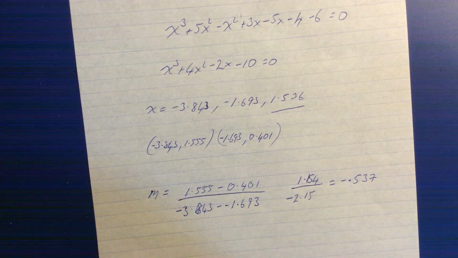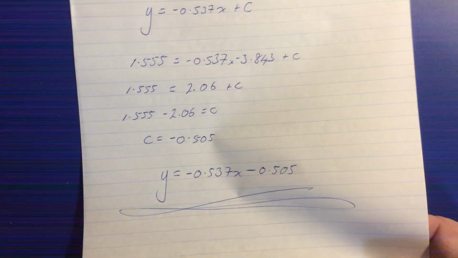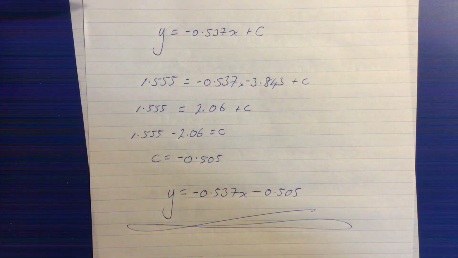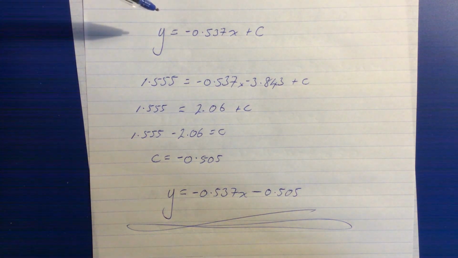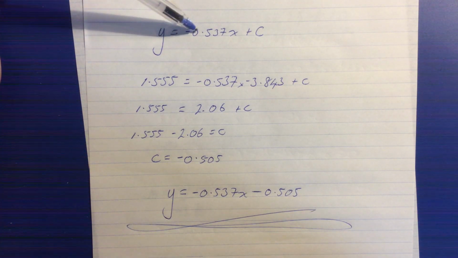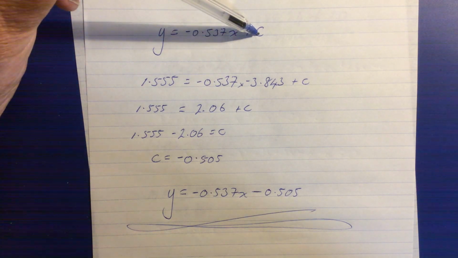Well, what we've got is a gradient and some sets of points. There's not much to do except get out the calculator, because we've got a few awkward numbers. What we know is that y is equal to negative 0.537x plus c.